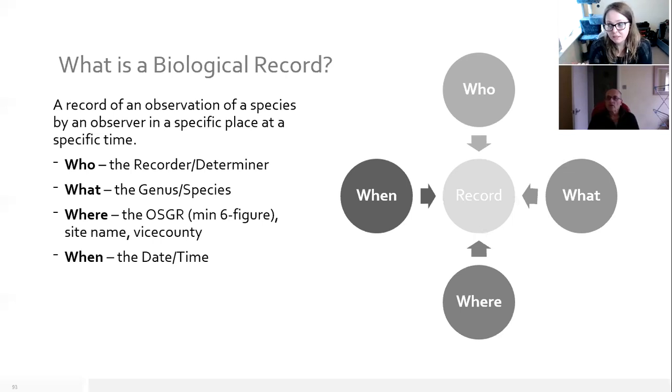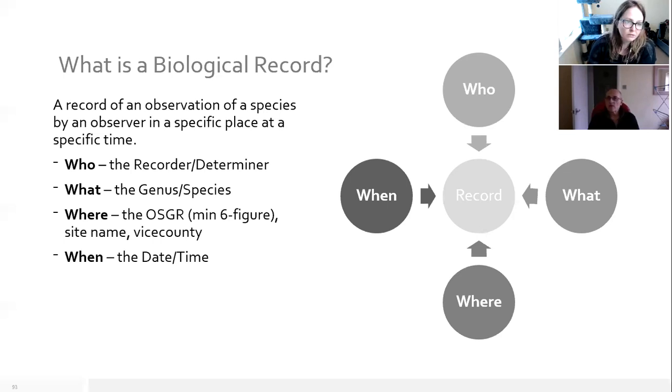The determiner is someone who agrees with the record, who determines that your identification is correct. We make this distinction because a lot of the time, especially if you're recording cryptic species, you want 2 people to have made that agreement based on their field skills, their experience, and their independent assessment of what species it is.